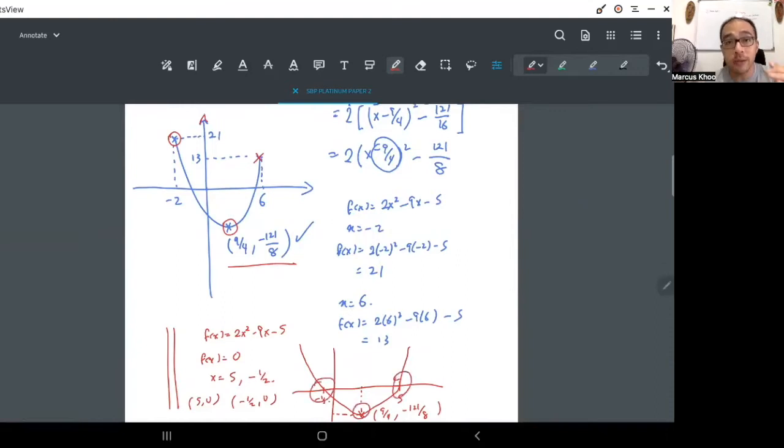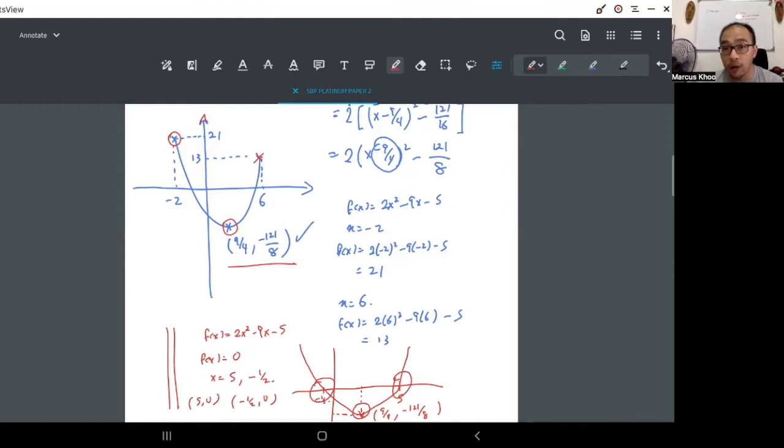The most important thing about sketching the graph for quadratic functions is that you must have at least 3 points in order for your answer to be valid. 2 points cannot. If it is a straight line, then you can do 2 points, but a curve must have 3 points. So it's either the minimum point and the 2 domain points, or the minimum point and the 2 factorization points.